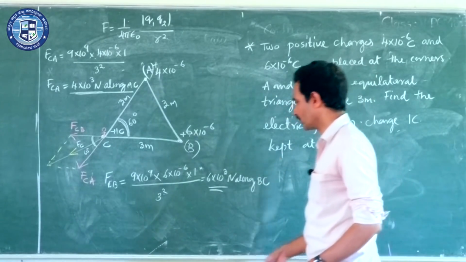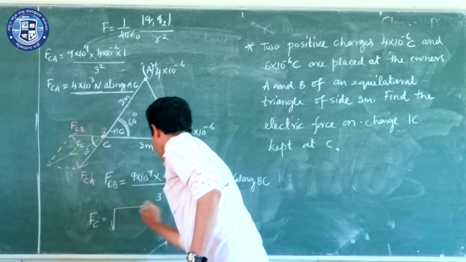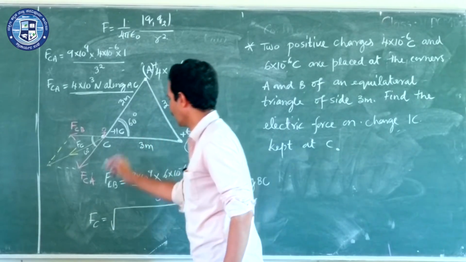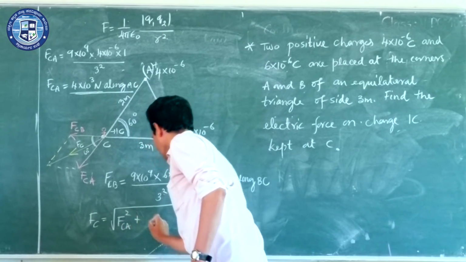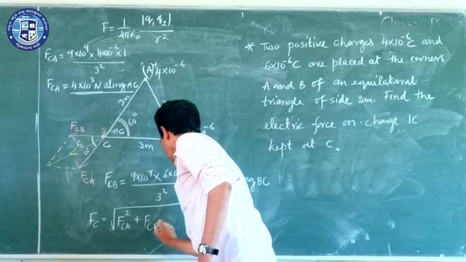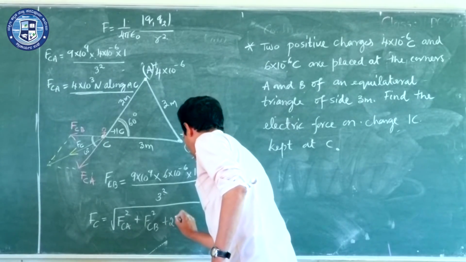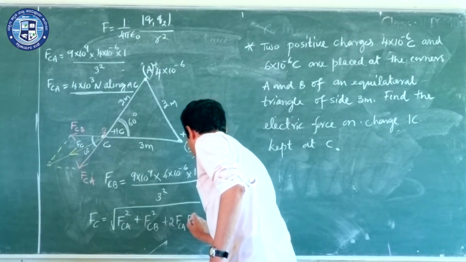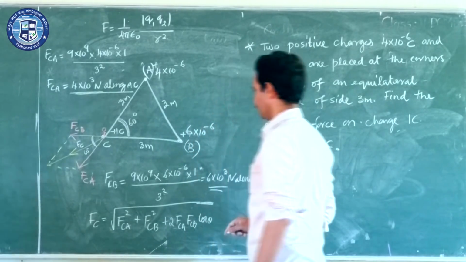So the net force on C is given by root of A square plus B square plus 2AB cos theta, where A is the force on C due to A and B is the force on C due to B. This is the magnitude of force.